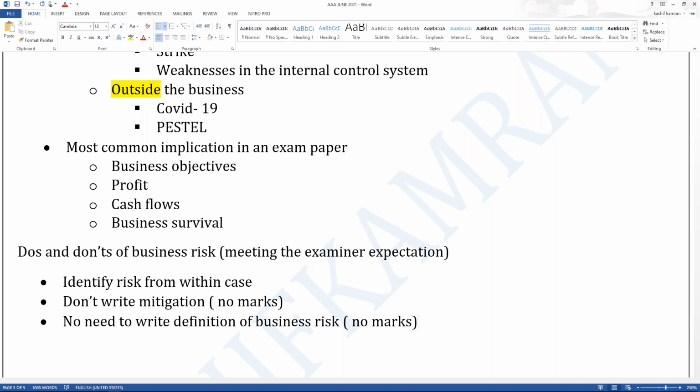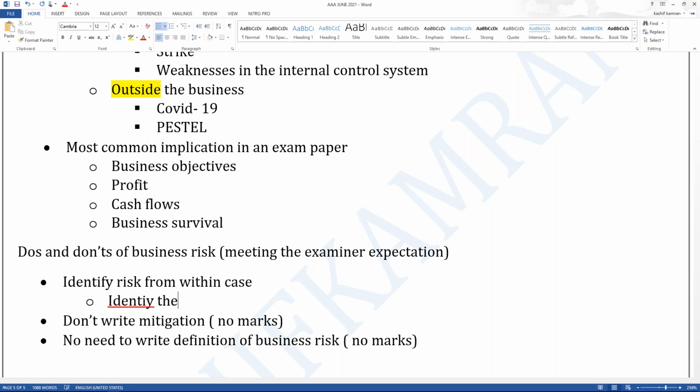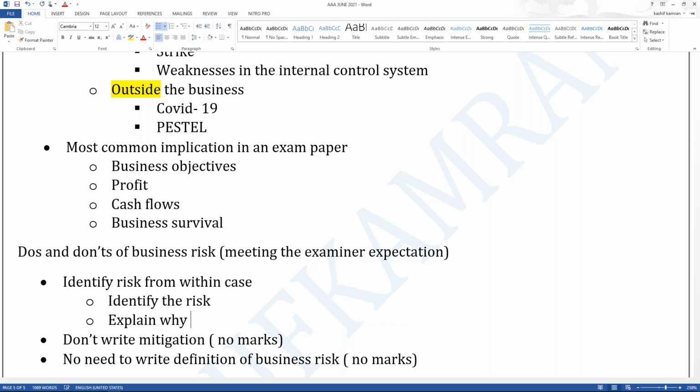So no recommendations. You just identify the risk and you explain why it is a risk, right? So your purpose is to identify the risk and then explain why it is a risk. And when you're explaining why it is a risk, you should focus on the implication of the risk on the business objective.